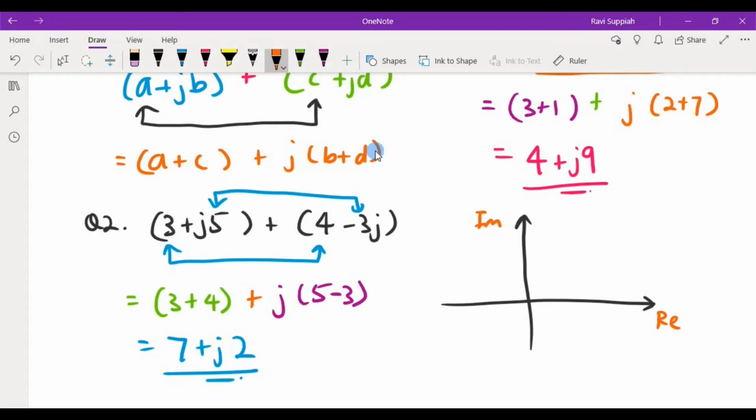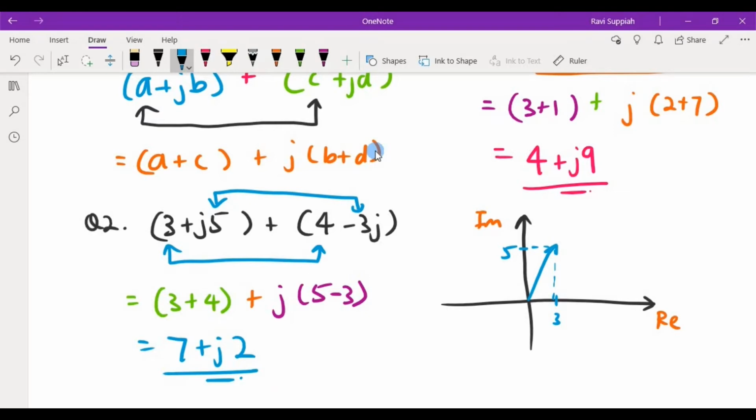The first number is 3 plus j5. So 3 here and 5 here. I will get a vector that goes up in that direction. And this complex number is now going to be added with another complex number here.